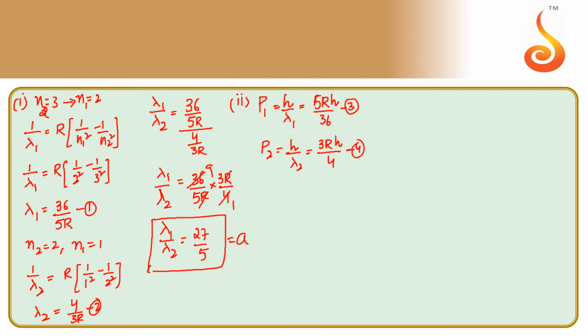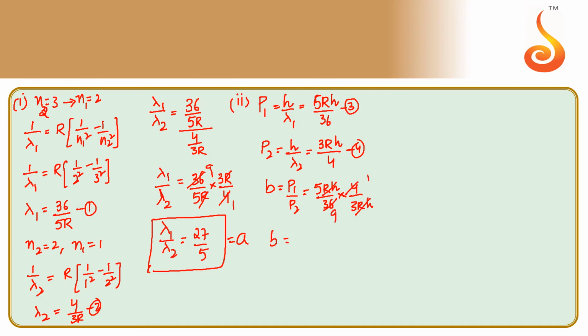Now let us do the ratio. B is equal to P1 by P2, which is nothing but 5Rh by 36 into 4 by 3Rh. Rh get cancelled, 4 ones are 4, 4 nines are 36.